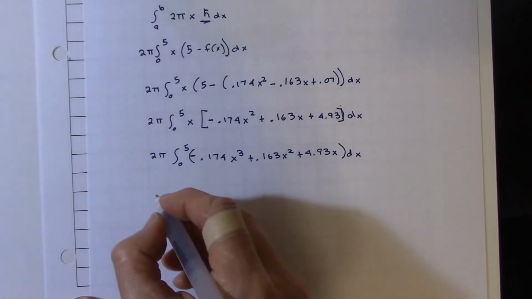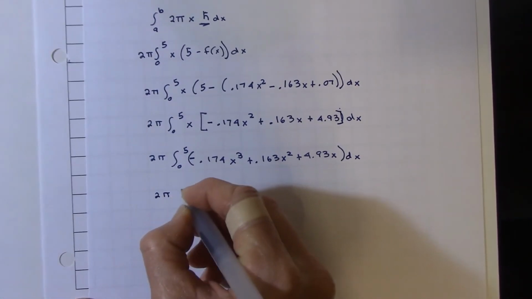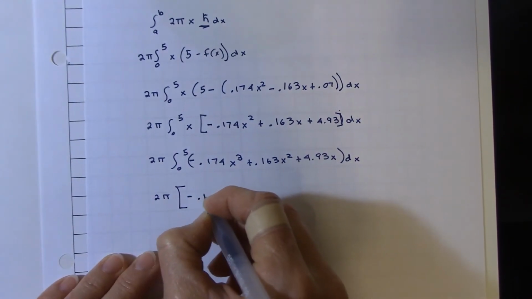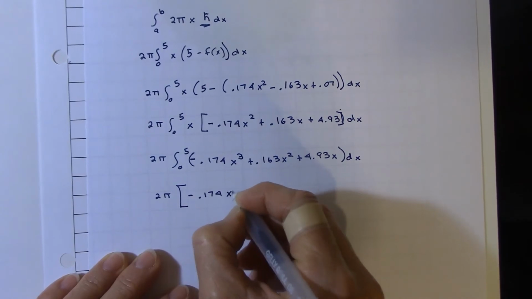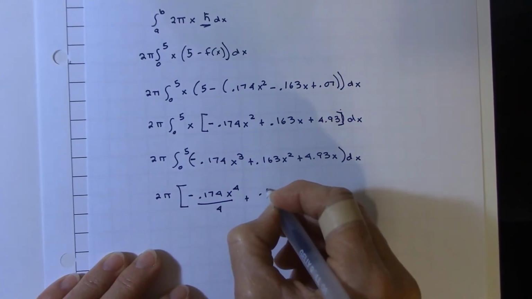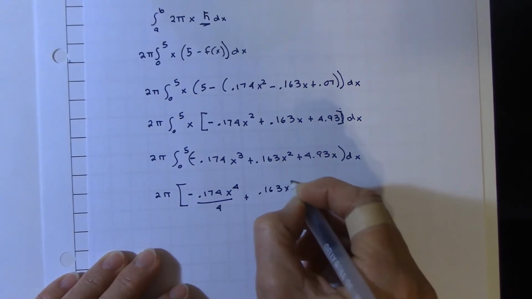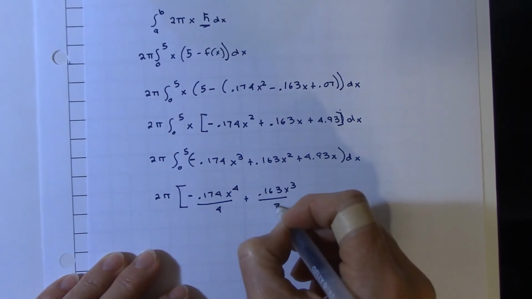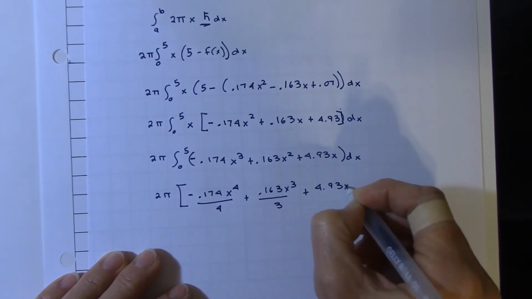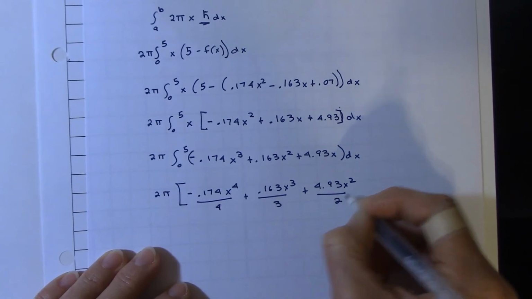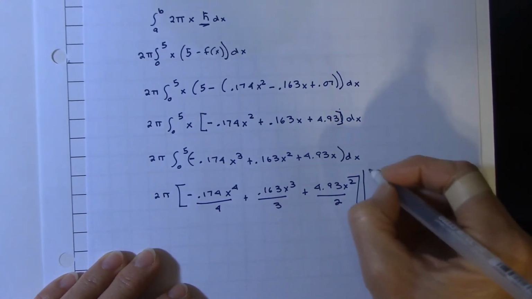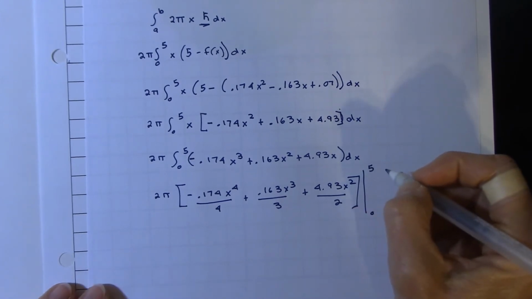Now when we integrate, I'll have 2 pi times negative 0.174x to the 4th over 4 plus 0.163x cubed over 3 plus 4.93x squared over 2, and we're going to evaluate that from 0 to 5.